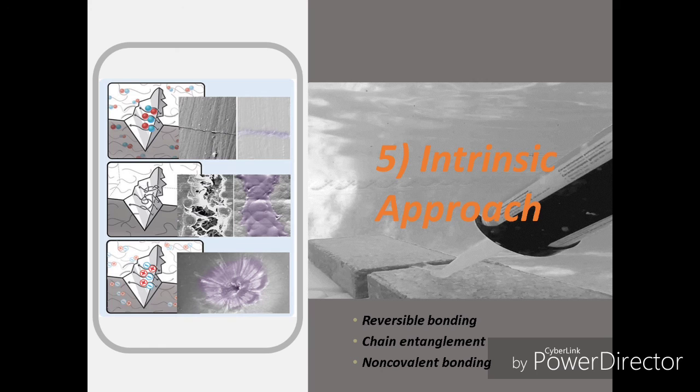For the chain re-entanglement, it utilized the mobility of crack faces to entangle chains that span the crack surface. And last, the non-covalent bonding. This system relies on a reversible hydrogen bonding or ionic clustering that manifests as reversible cross-links in the polymer.